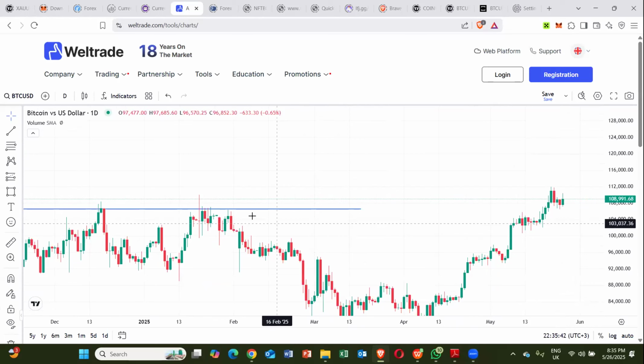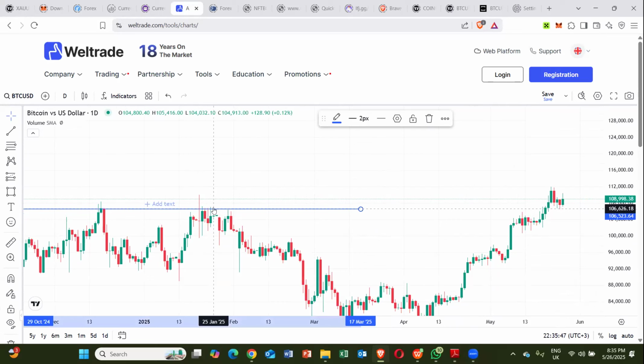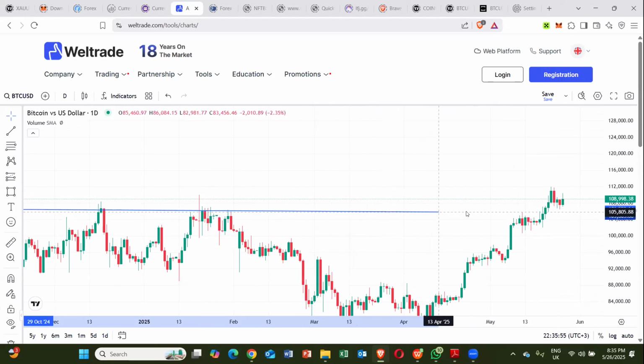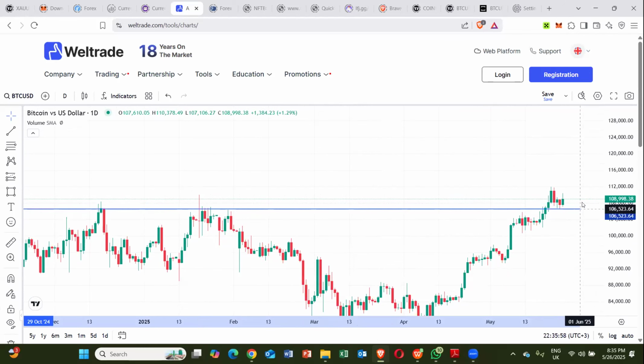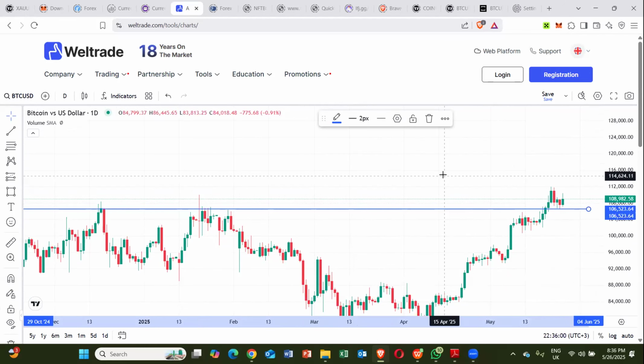So right now, this support that was created before is now a resistance. This resistance is now a support because price finally broke above it.